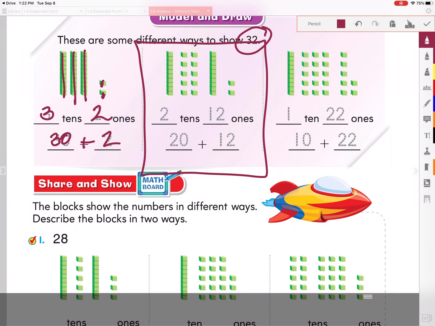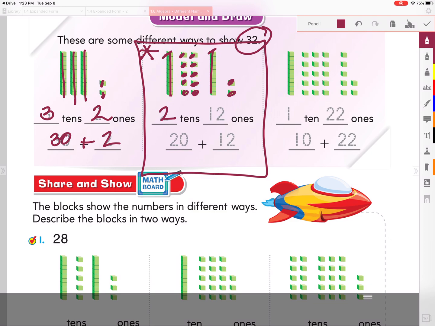But look what they've done here. They took a rod apart. So now you would count this rod by 10, but these are singles. They took it apart to show you that you can take 2 tens. We're always going to count our rods first. There's those 2.